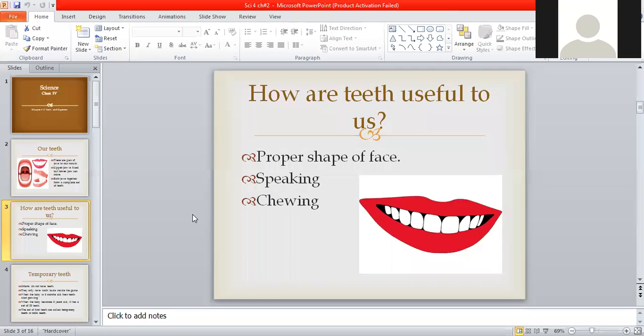Whatever you are going to eat, they help you to chew it properly. Next, as there is a smiley teeth face also there, it also helps you to smile properly. If you are having a good set of teeth, definitely your smile is too good.